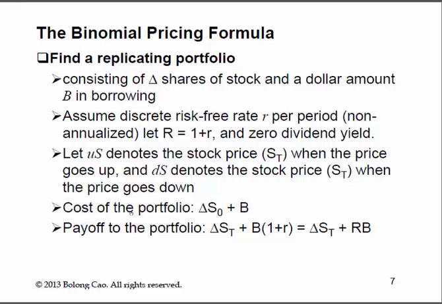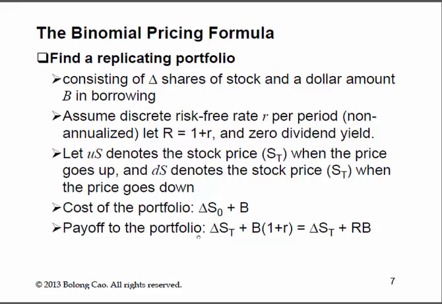The cost of this portfolio is delta S0, the current price for the underlying position, plus this borrowed amount, B. The borrowed amount helps us to pay for the long underlying position. Obviously, the borrowed amount will be a negative number, but here we just put a plus sign. It doesn't indicate the position in the bond, it's just how we construct this portfolio.